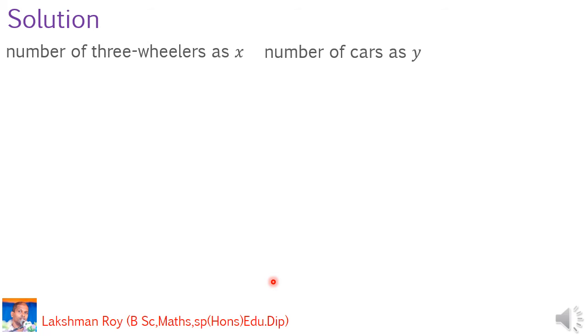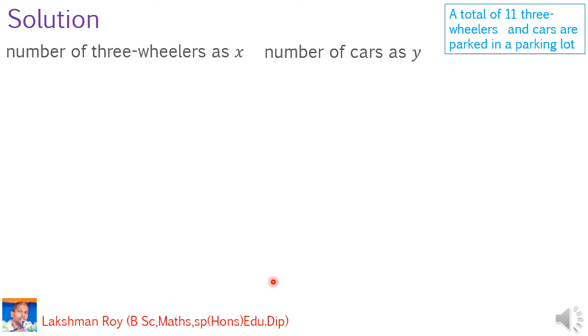Now the data given. What is the data given per sentence? You can see here the total of 11 three-wheelers and cars are parked in the parking lot. So the total number of three-wheelers and cars is 11.